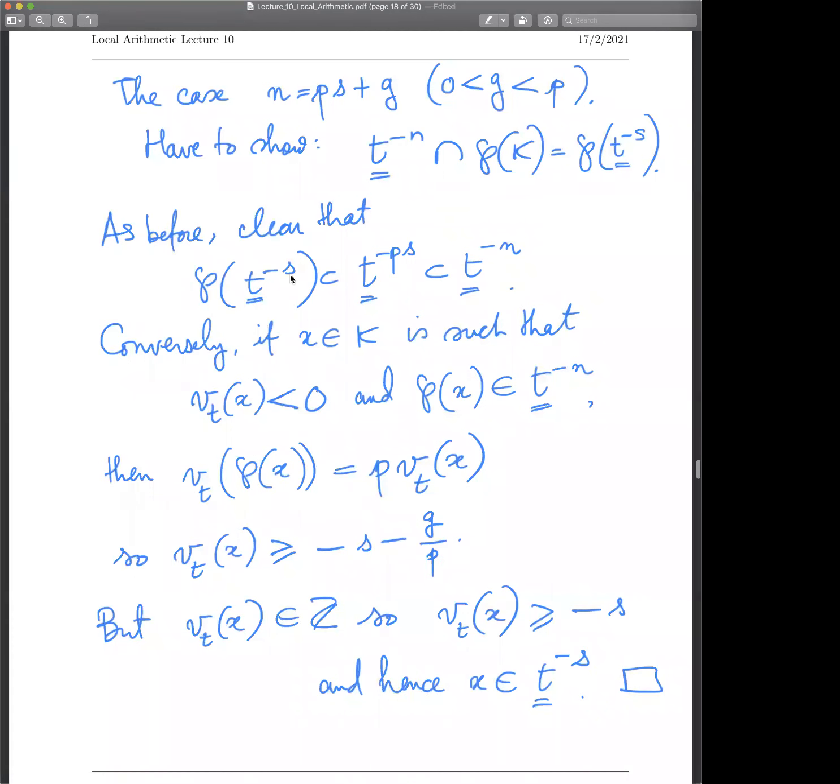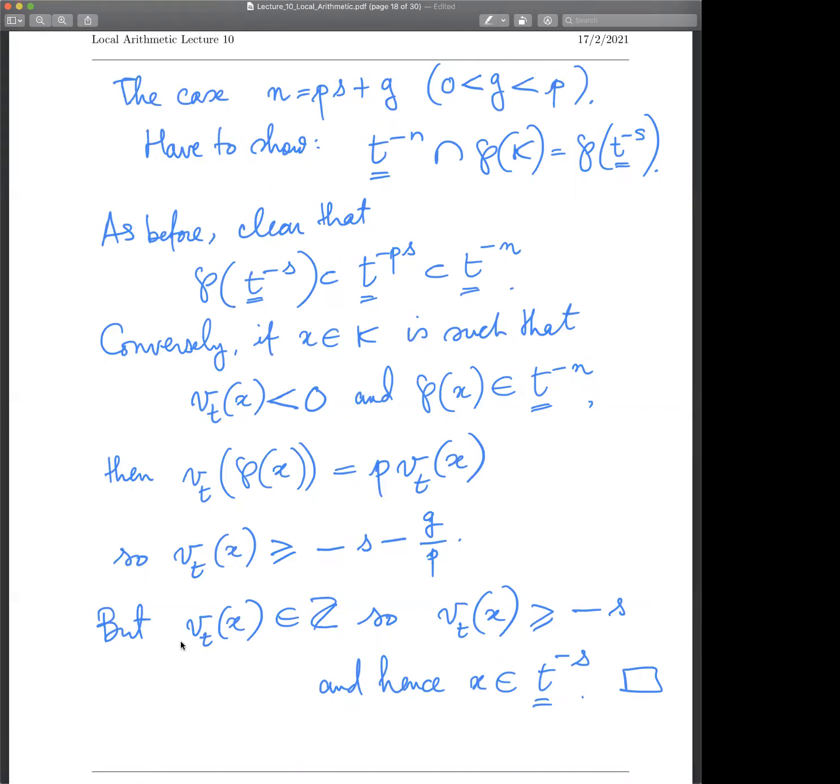P of t to the minus s is contained in t to the minus ps, which is contained in t to the minus n. Conversely, if x is in k and its valuation is negative and p of x is in t to the minus n, then as before the t-adic valuation of x is going to be at least minus s minus g over p.